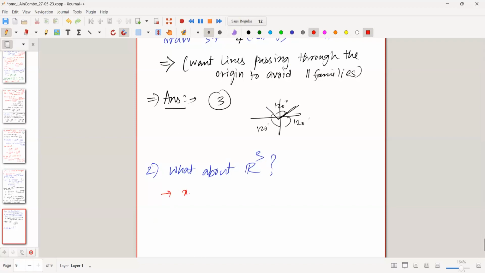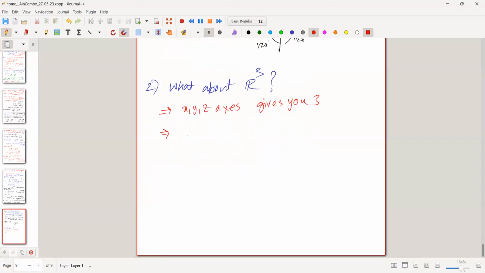So just a second. The x, y, z axes give you 3. So can we do 4? Yes, I'll just mention it, the proof is kind of long for this.